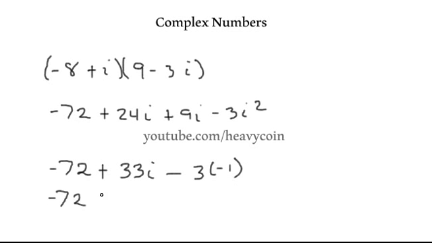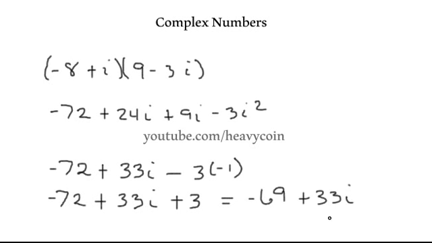So we have negative 72 plus 33i plus, because we have a minus and a negative, makes that a positive 3. Negative 72 plus 3 is negative 69 plus 33i. And that's the form that we wanted, right there.